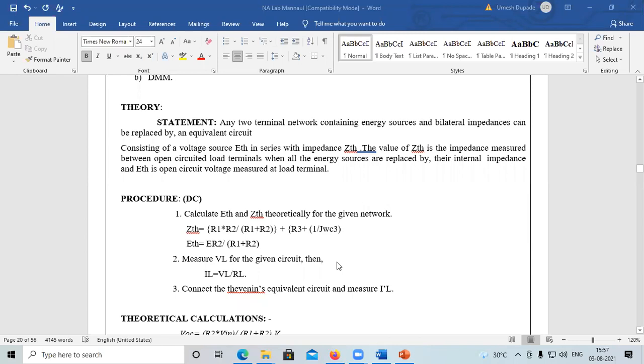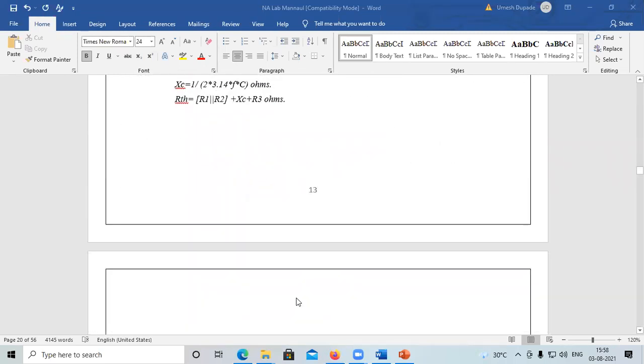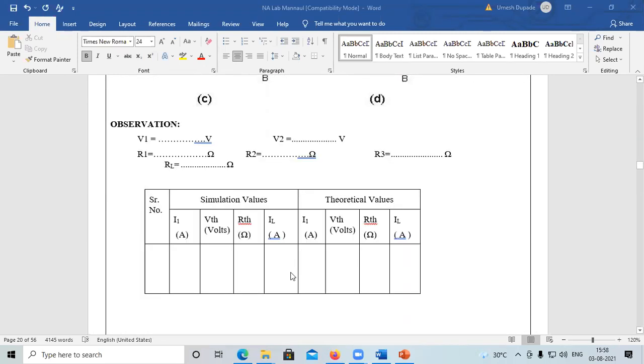Procedure: calculate ETH and ZTH theoretically for the given network. The values of ETH and VTH, or RTH or ZTH, can be calculated theoretically, and these calculated values can be verified with the simulated value, that means our Tinkercad value. If it is the same, then we can call it a verification of Thevenin's theorem.